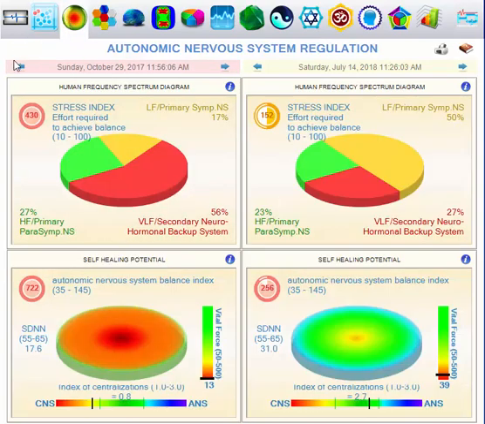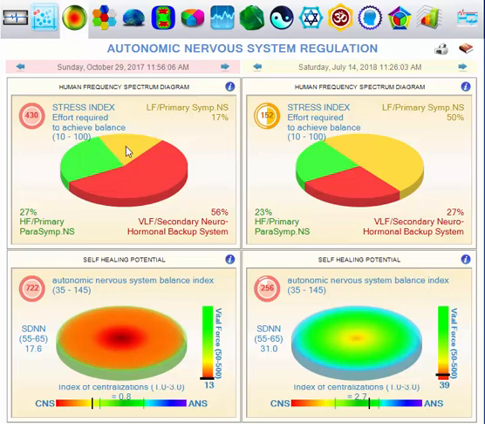Then we're going to see how the frequency spectrum on a frequency analysis will change. First, we're looking at the high frequency, low frequency, and very low frequency. When we start, if we're only comparing the high frequency and low frequency, in this case we see a predominant 27% high frequency compared to 70% low frequency, and we sometimes make a wrong conclusion.